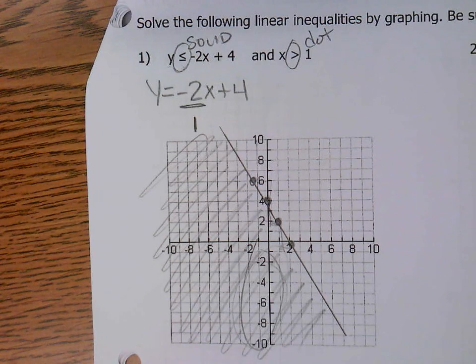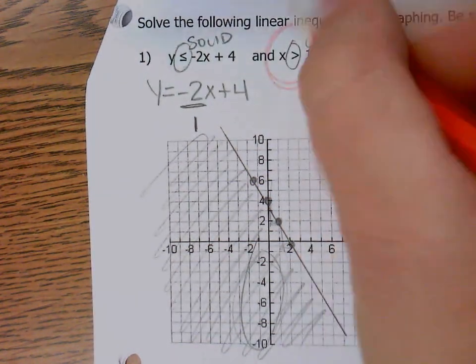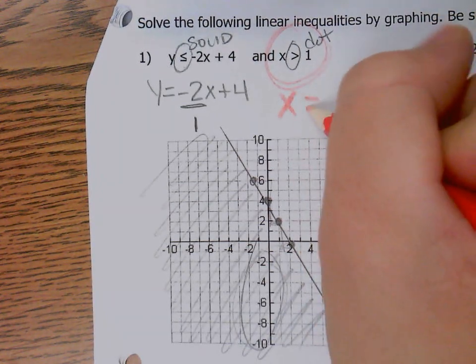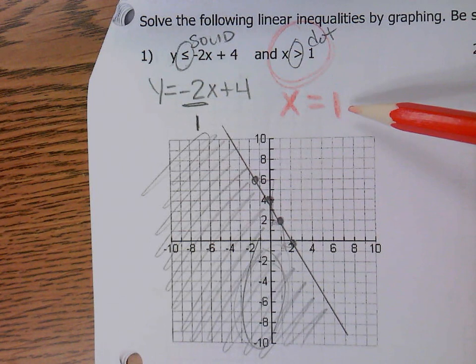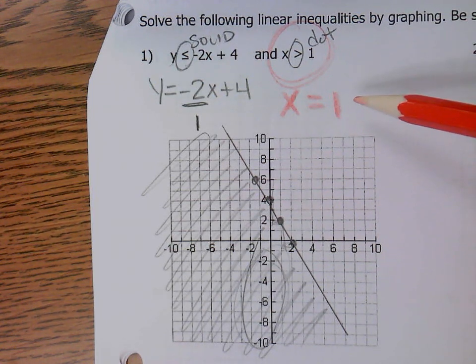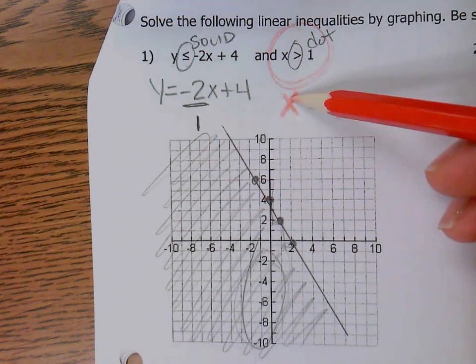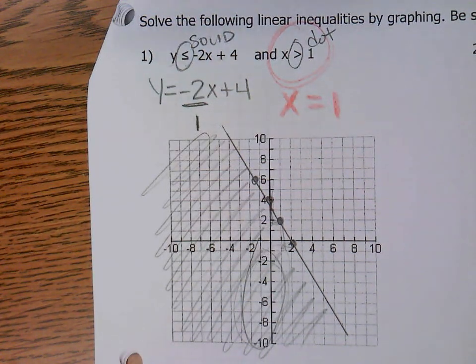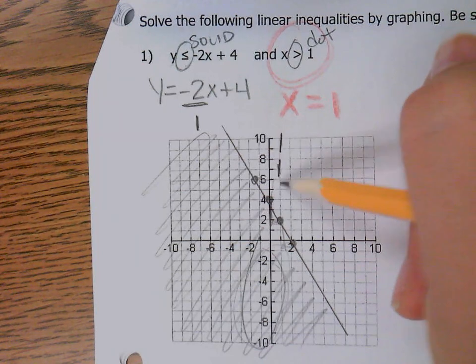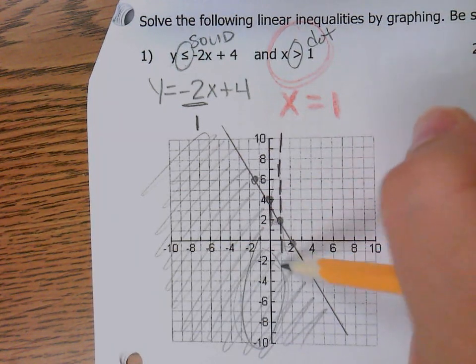All right, so this was a graph that a lot of people made a mistake on their test. How do I graph x equals 1? Well, is it vertical or horizontal? Vertical. X equals. So it's undefined. I'm going to do a dotted line at x equals positive 1.